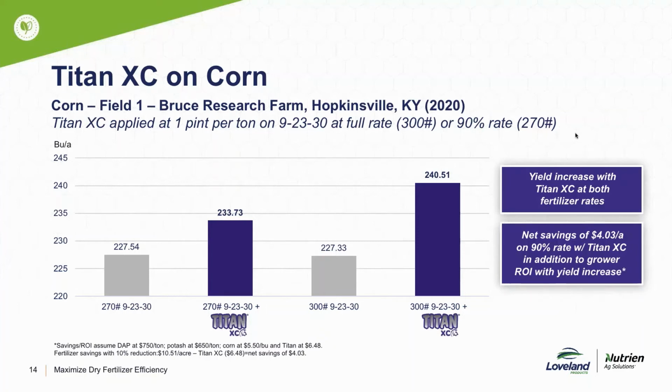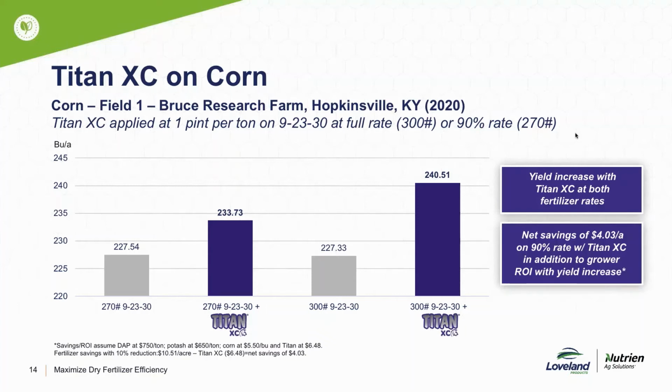What's going on there? But look at what happens with both rates of fertilizer, whether it's the reduced rate or the full rate, when we add Titan XC to that. You can see we get about a 6 bushel bump on the 270 pounds, and we get a pretty good bump, about a 13 bushel bump with the 300 pounds.